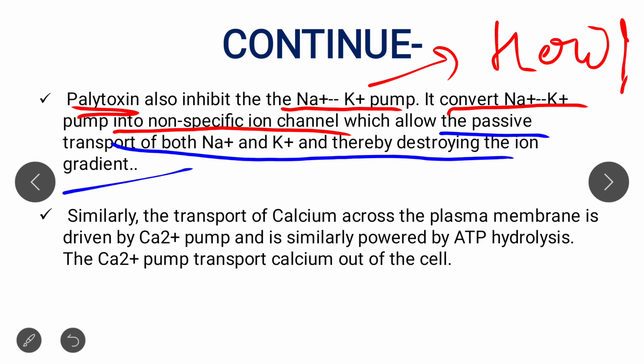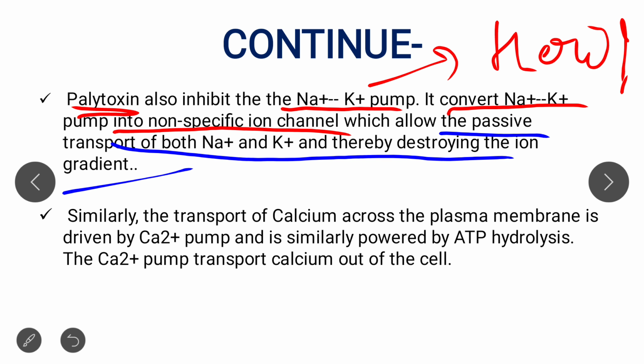Due to the non-specific ion channel, sodium and potassium start to move by passive transport. If passive transport occurs, it means the imbalance between sodium and potassium transport, 3 sodium outward and 2 potassium inward, is disturbed.